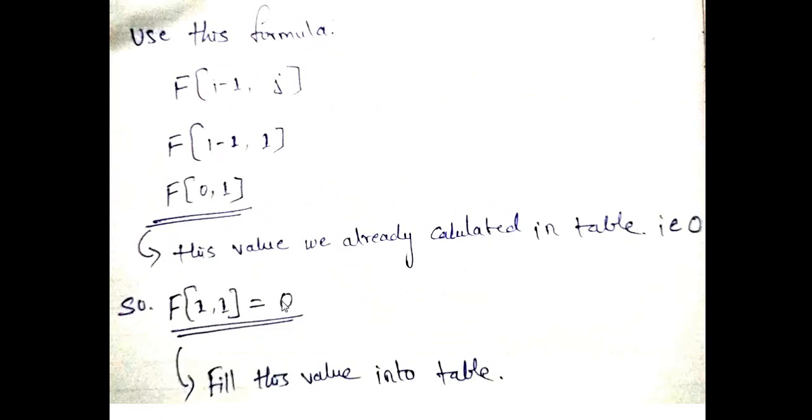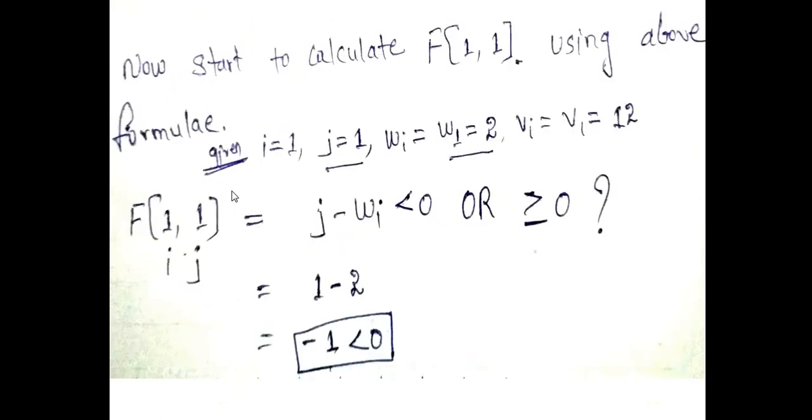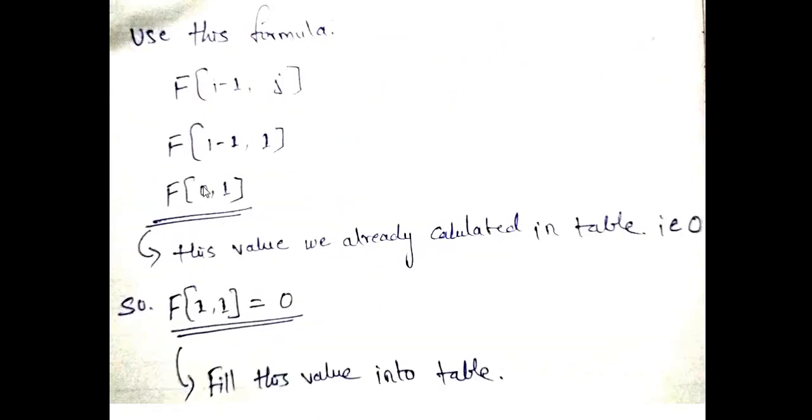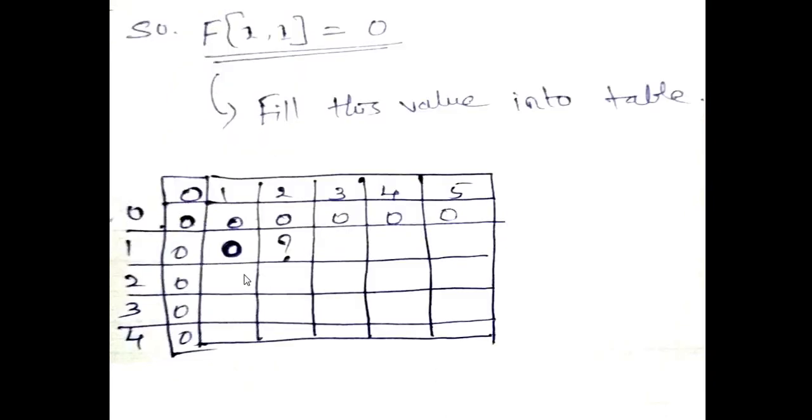Now how have we taken this value? F of 0 comma 1. 0 is the row, 0th row, first column. What is the value? 0. So f of 0 comma 1 is 0. That is the answer for f of 1 comma 1. So 1 comma 1 is 0.